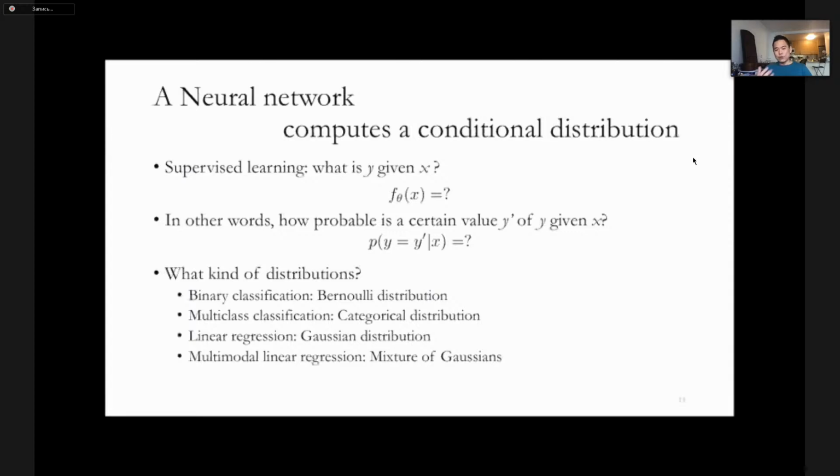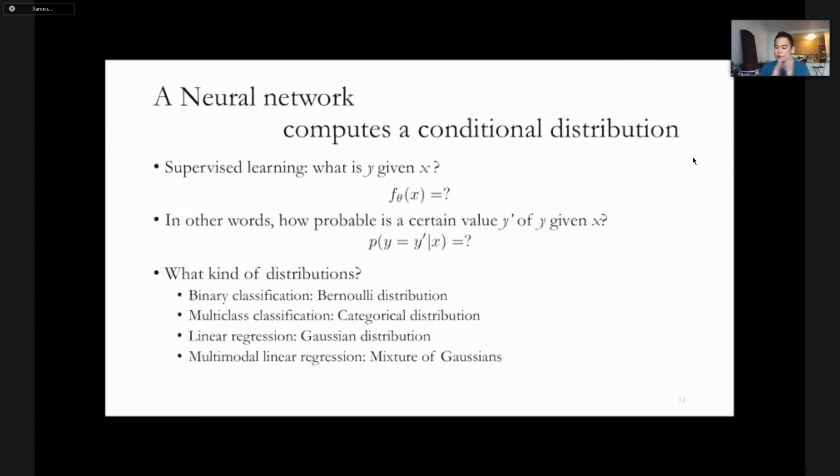How we view supervised learning is that the supervised learner, or the neural network, is going to compute the conditional distribution over possible outcomes given the input X. So in other words, what our neural net computes is not what the answer is, but given a possible answer and the input, what is the chance that this possible answer is indeed the answer?